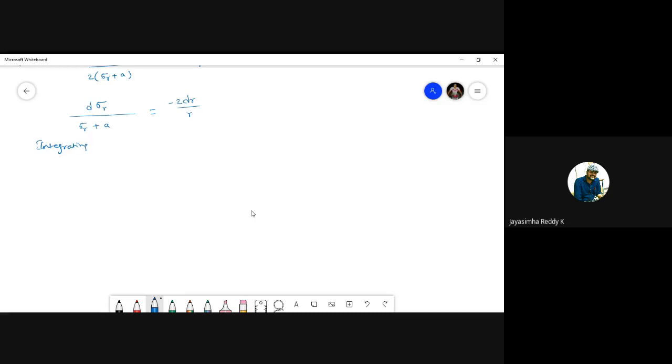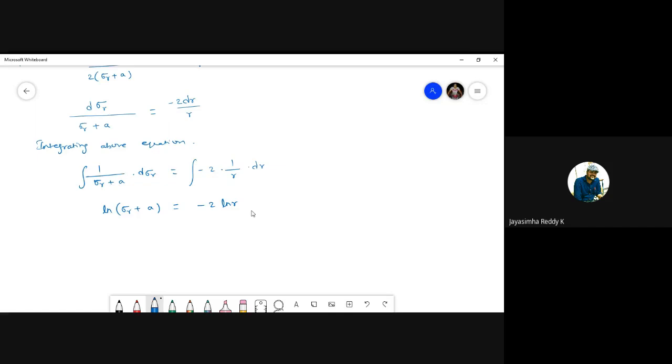Integrating the above equation, what happens, students? Integral of 1 by sigma r plus a into d sigma r is equal to integral of minus 2 into 1 by r into dr. If you integrate this, what happens? Integral of 1 by x is logarithm, so ln of sigma r plus a is equal to minus 2 into ln of r.